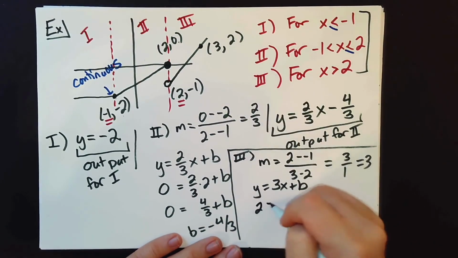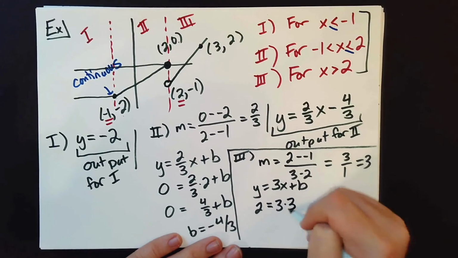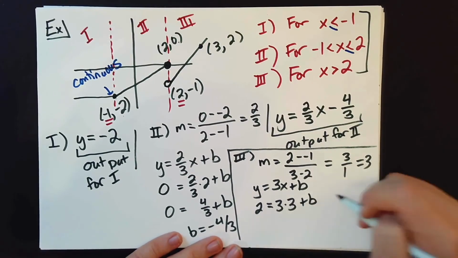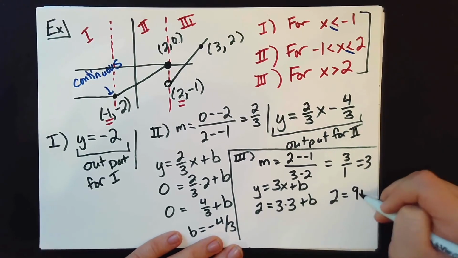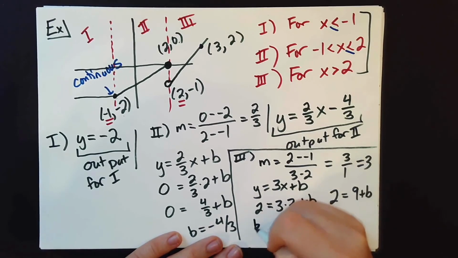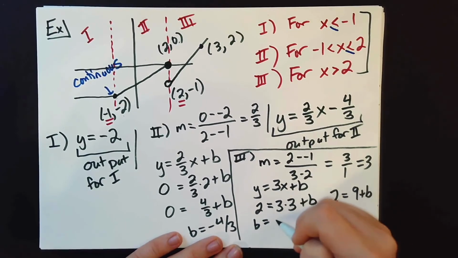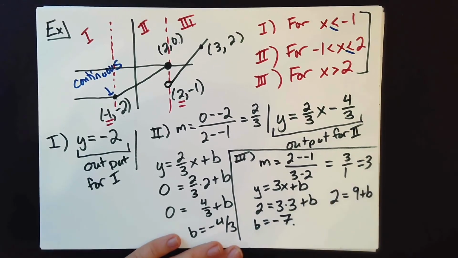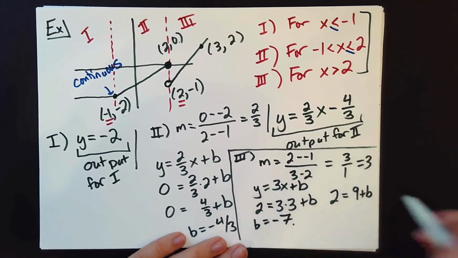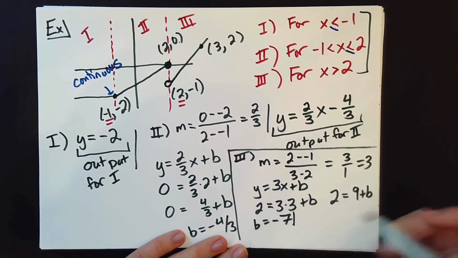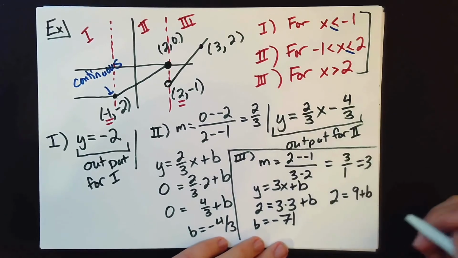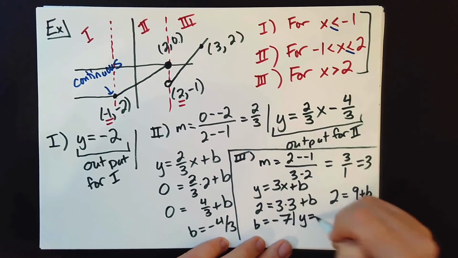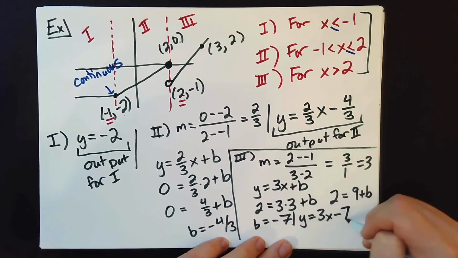So I'll get 2 is equal to 3 times 3 plus b. So 2 is 9 plus b. So b is -7. And so that means my output for section 3 is y equals 3x minus 7.